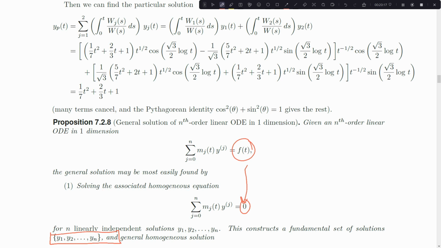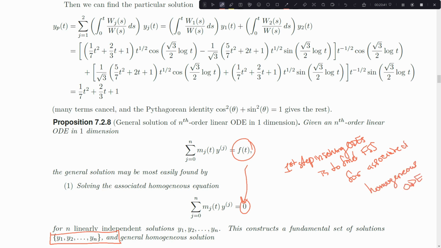So that's always my first step: the first step in solving ODEs is to find an FSS for the associated homogeneous ODE.